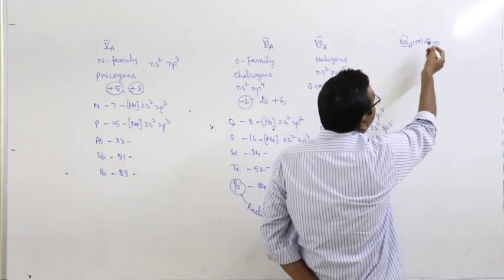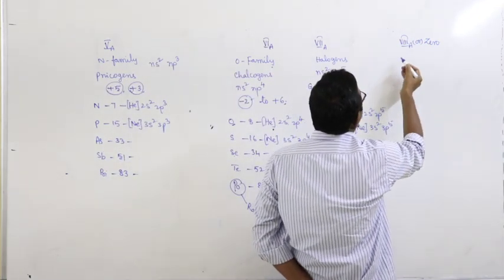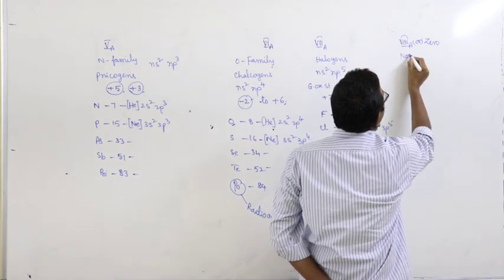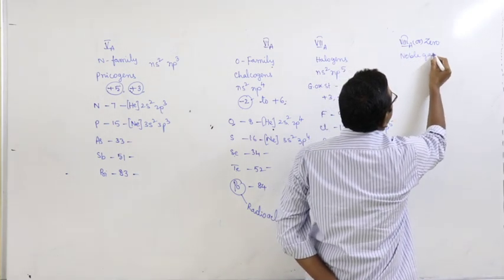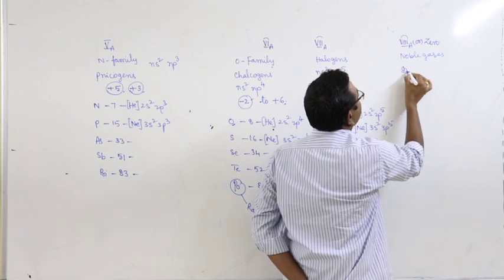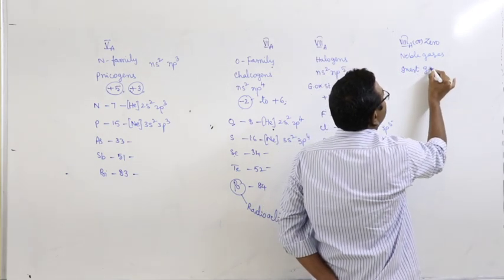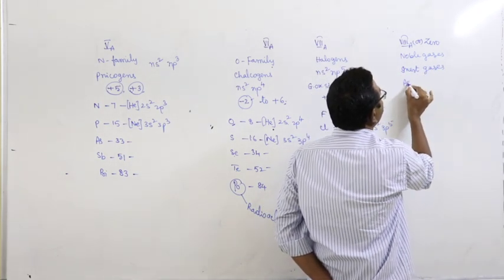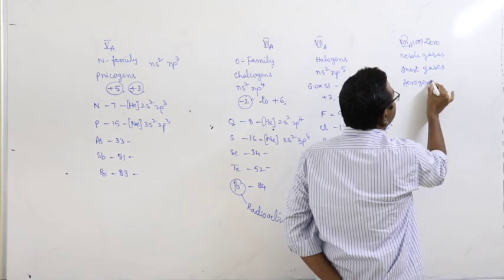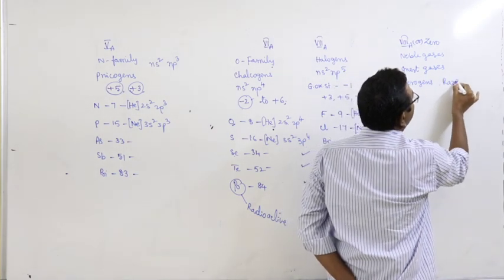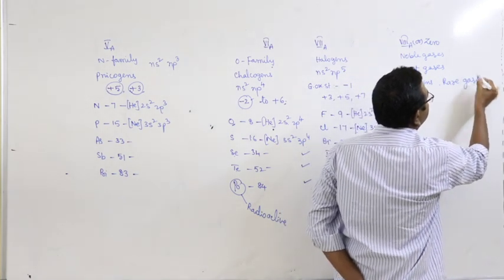But what about the 8th group elements or 0 group elements? They are also known as noble gases, inert gases, aerogens, and rare gases.